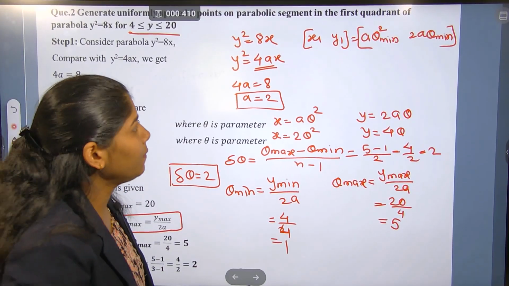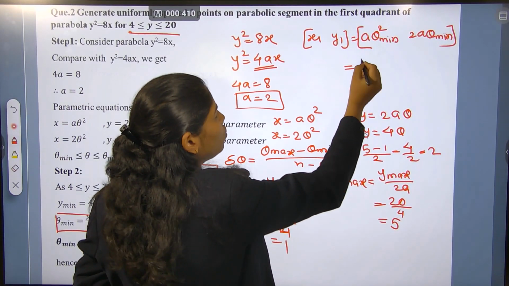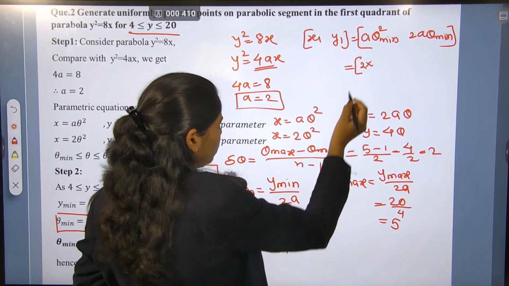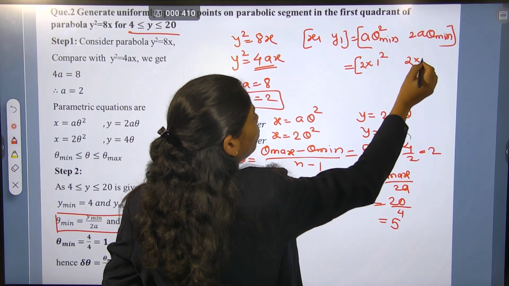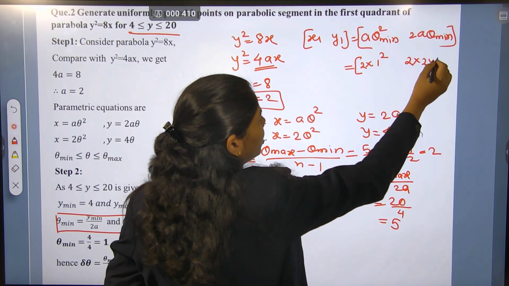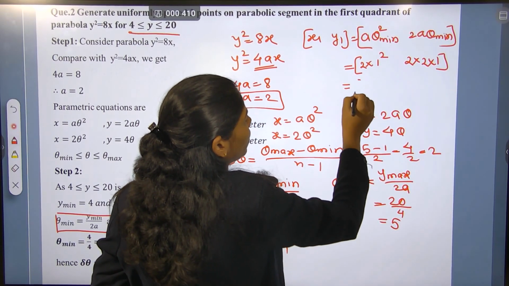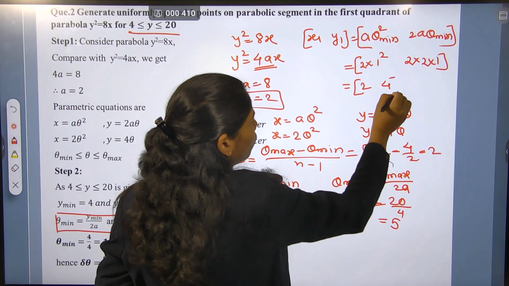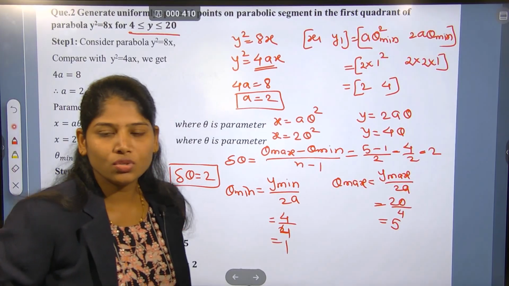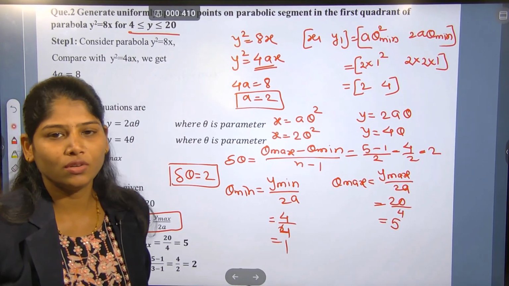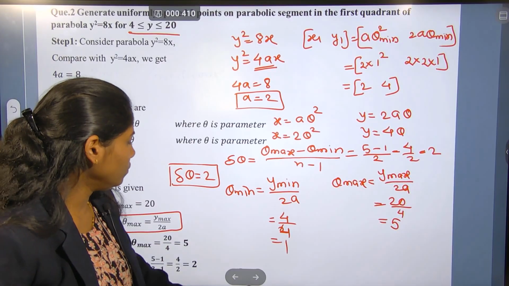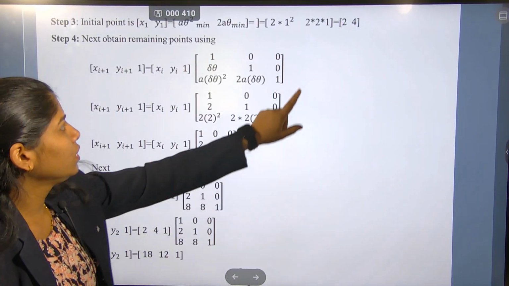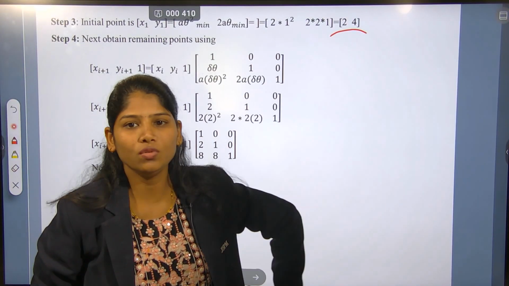So write down here the value of a is 2 into theta minimum 1 square, and here 2 into 2 into theta minimum 1. So your first point is 2, 4. Okay. So after getting your first point, go for all the remaining points. We get the first point as 2, 4.